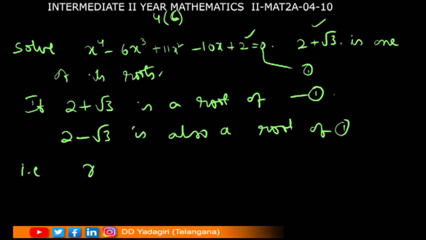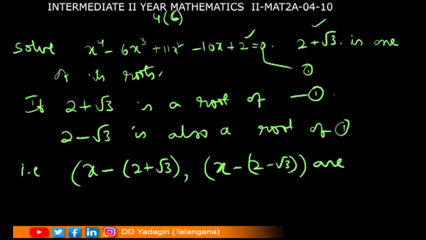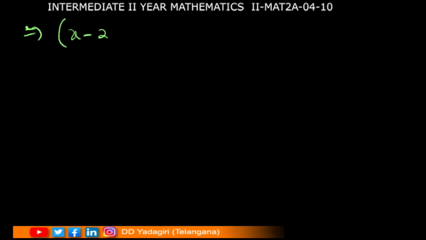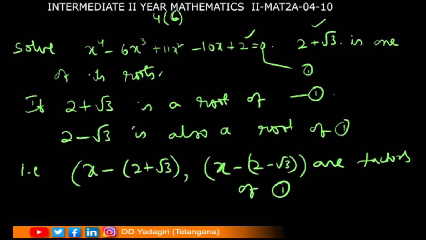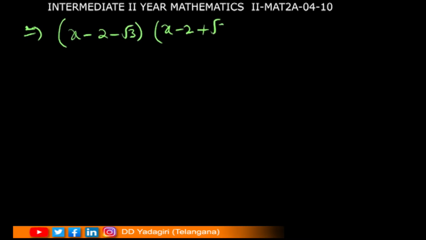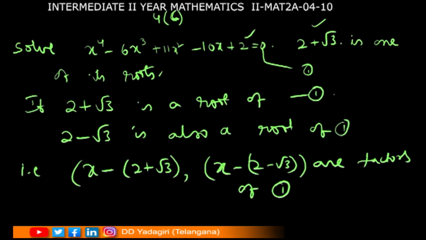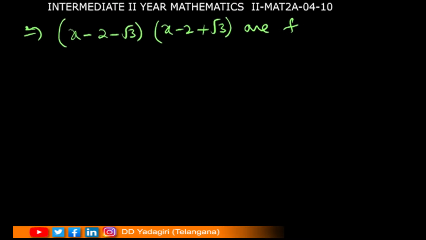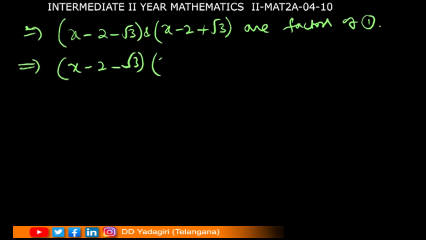That is, x minus 2 plus √3 and x minus 2 minus √3 are factors of f(x). So the product of these is also a factor of f(x).